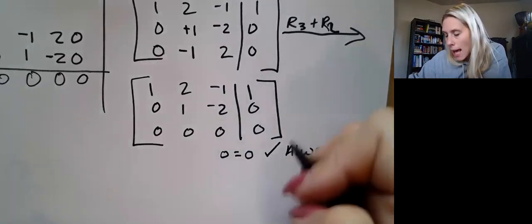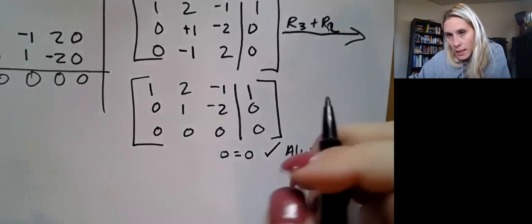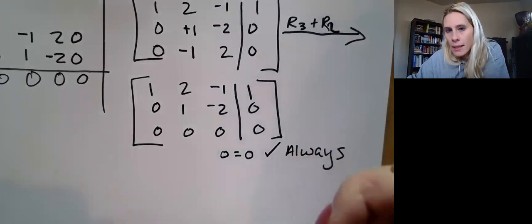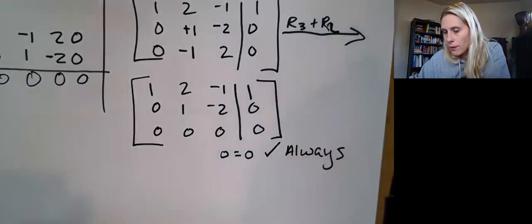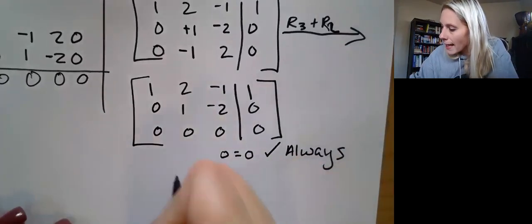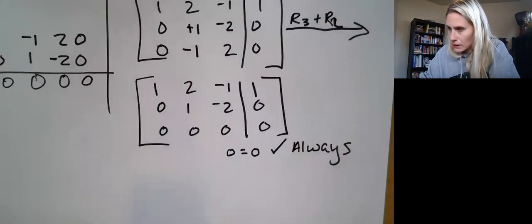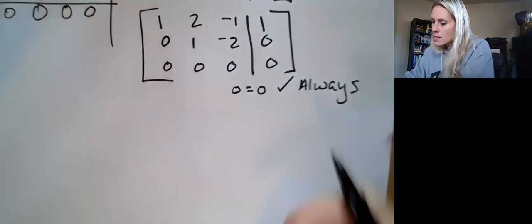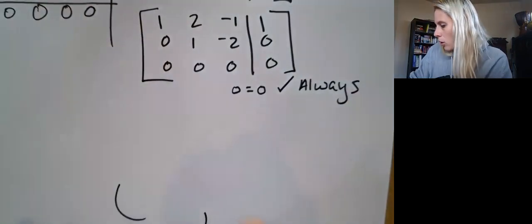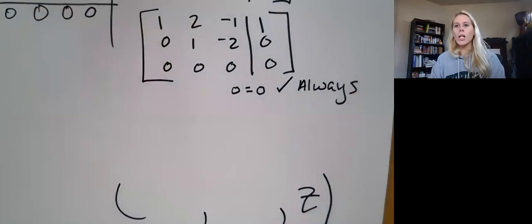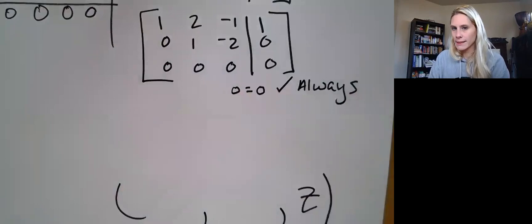So when this always happens, remember we have to think of the consistent dependent. So do you remember what we did for that? Remember we set z as our constant. So let me go back down here for a sec. So in our coordinate, we have z as the third coordinate, and we're going to make the other two based on z.